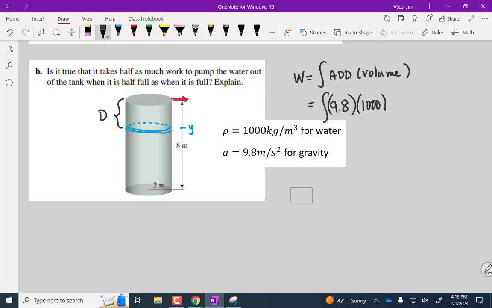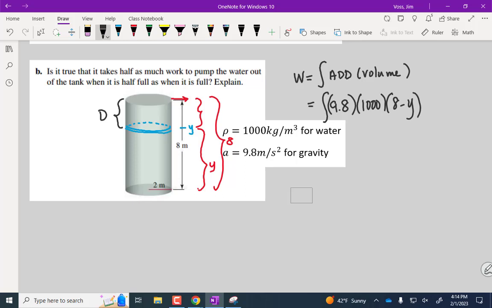This is going to be your second D. So that slice is traveling how far? 8 minus y. This distance right here is y. This distance right here is 8. So that distance right there is 8 minus y. That is the distance the slice at y has to travel. 8 minus y.